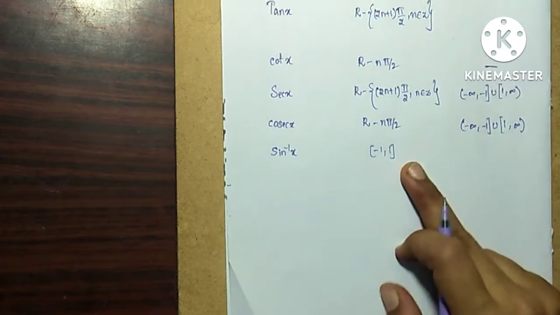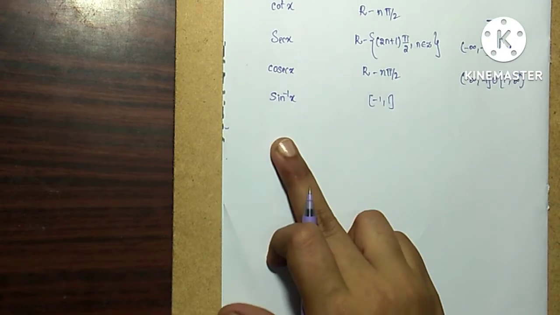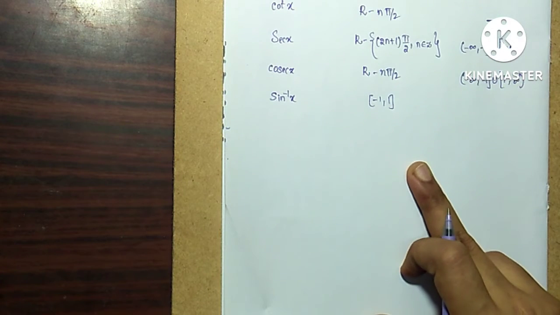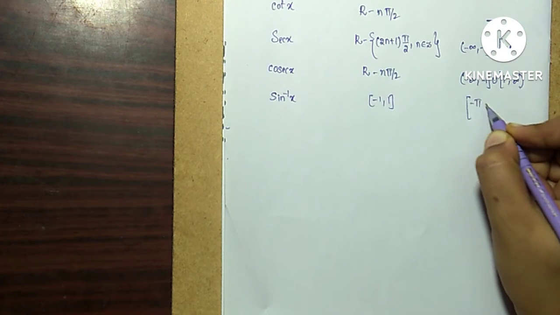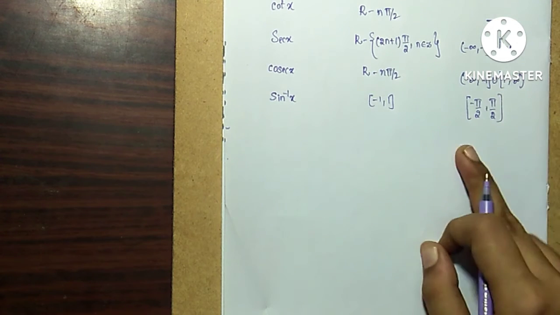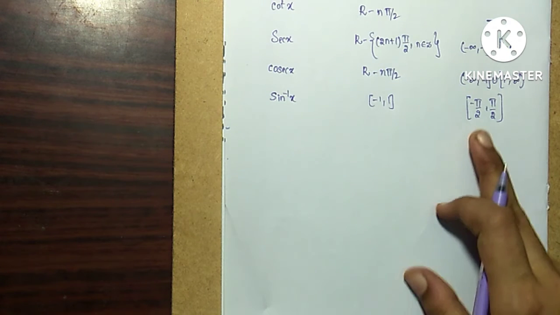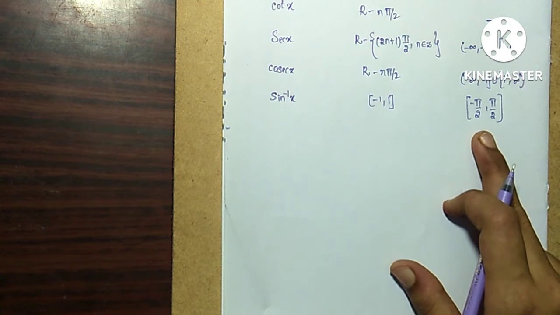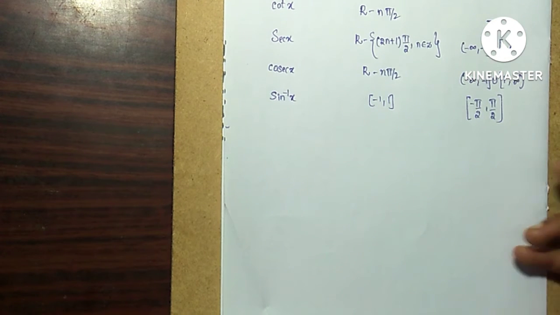Here the range will become the domain. For sin inverse x, the domain is [-1, 1] and the range is [-π/2, π/2]. On both sides we have to place the closed bracket, not the open bracket. Closed bracket means we are considering -π/2 and π/2 also. If there is an open bracket, we will not consider them. That's it, no confusion.